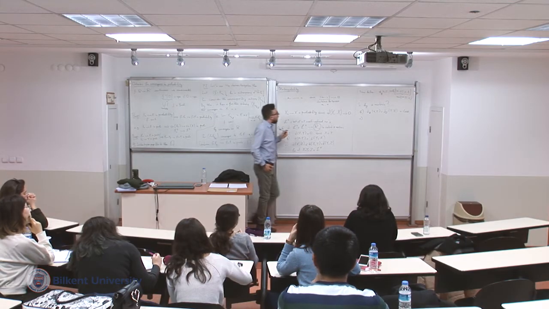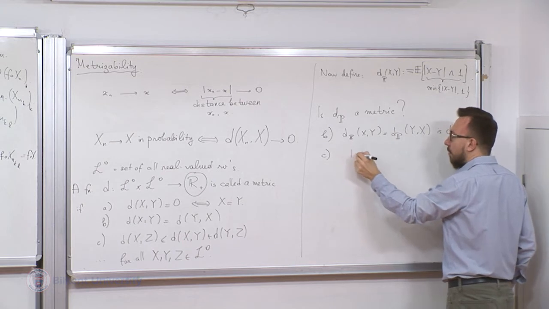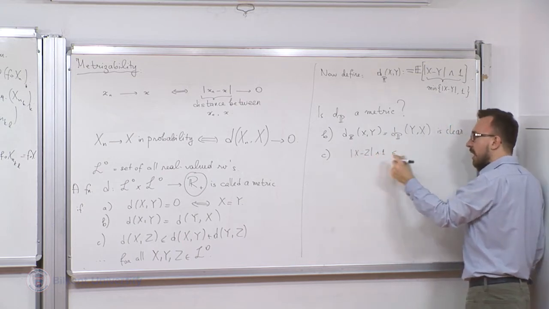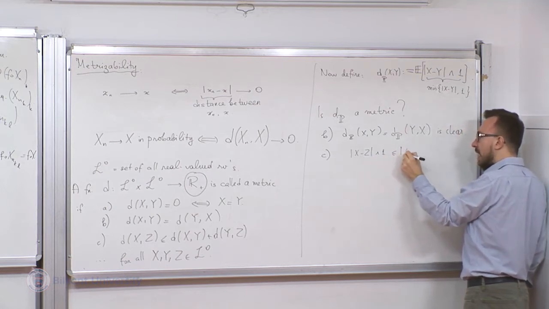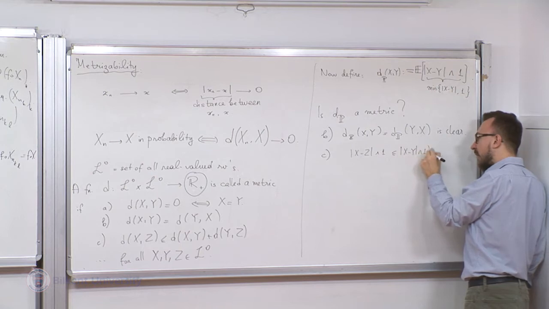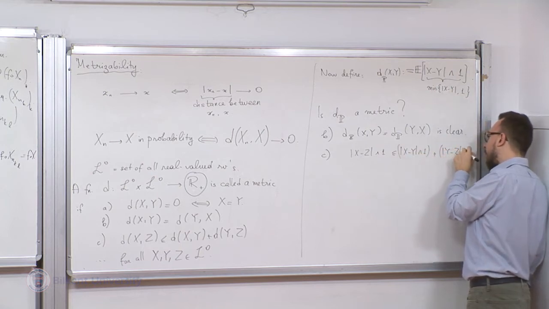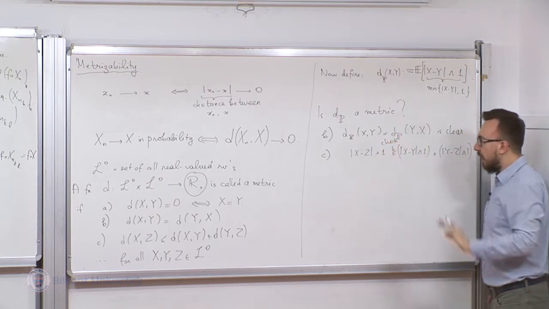So if you want to show the triangle inequality, what you have is that the minimum of |x minus z| and 1 is less than the minimum of |x minus y| and 1 plus the minimum of |y minus z| and 1. And this you need to check. This is a fact just in real numbers, right?